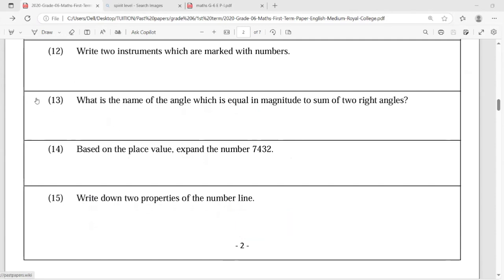Okay, write two instruments which are marked with numbers. So instrument, that means you can write thermometer, right? And also the measuring cup.